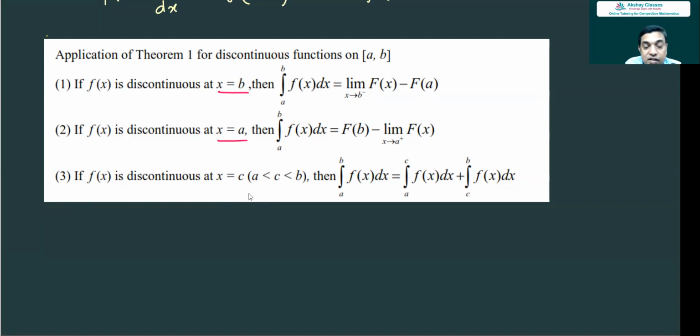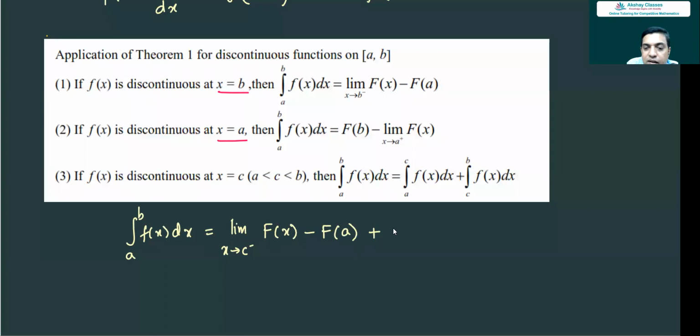Now, if the function is discontinuous at an in-between value c, then the integral from a to b of f of x dx is the limit x tends to c minus of capital F of x minus capital F of a, the first term, plus capital F of b minus the limit x tends to c plus of capital F of x, because the function is discontinuous.